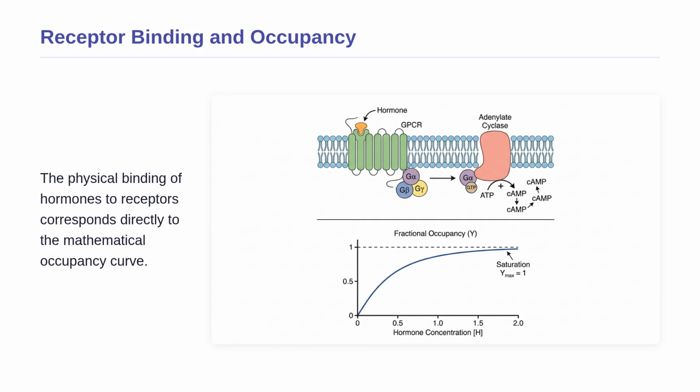The horizontal axis represents hormone concentration, and the vertical axis represents fractional occupancy. As concentration increases, the curve rises steeply, but eventually levels off as it approaches a maximum occupancy of 1. This shows that once all receptors are bound, adding more hormone will not increase the cellular response.